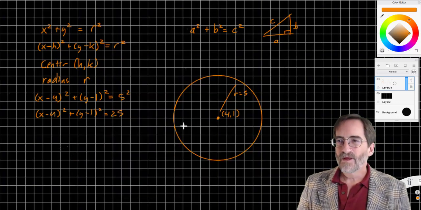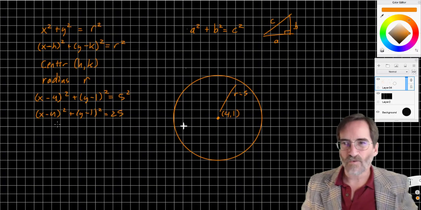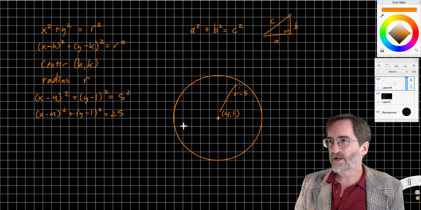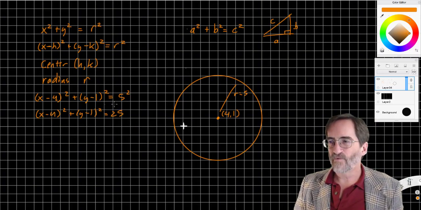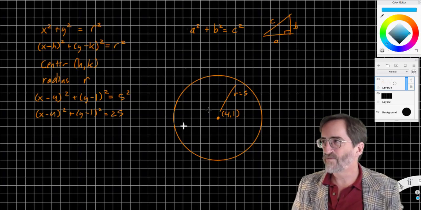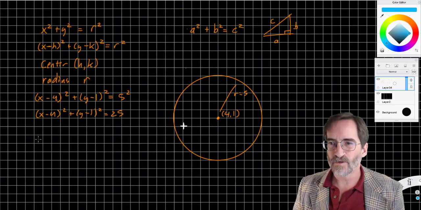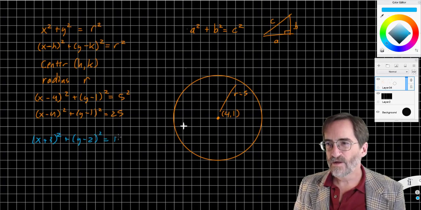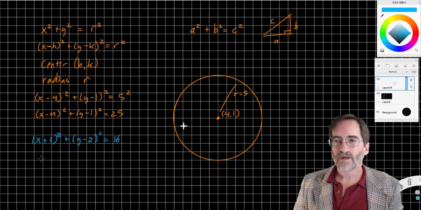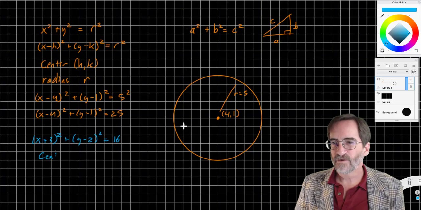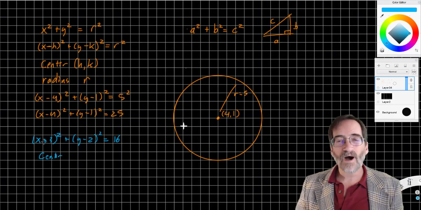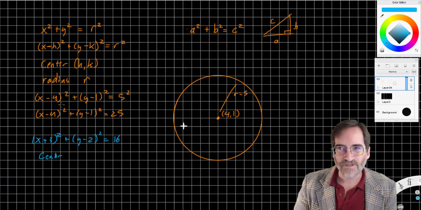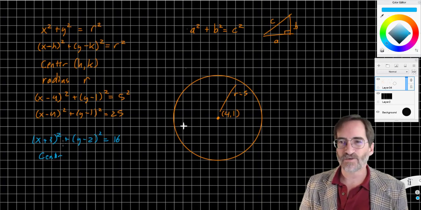All right. And now one word of caution. That was one where we're given the graph and write the equation of the circle. What about if you're just given the equation of a circle? Let's say we have x plus 3 squared plus y minus 2 squared equals 16. What is the center of the circle? Well, look to opposites. Remember, it's x minus h, y minus k, so it needs to be opposite.